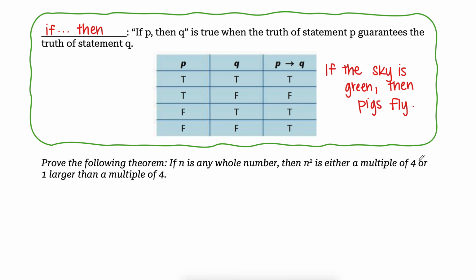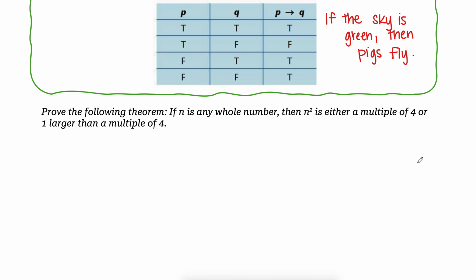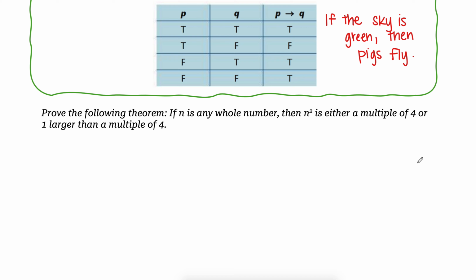Now, what we're going to do is use logical reasoning and actually go through and do a proof. So we're going to prove a theorem. It says if n is any whole number, then n squared is either a multiple of 4 or one larger than a multiple of 4.